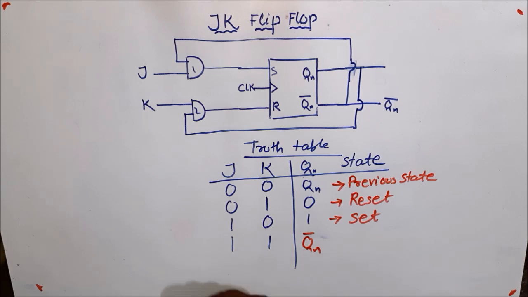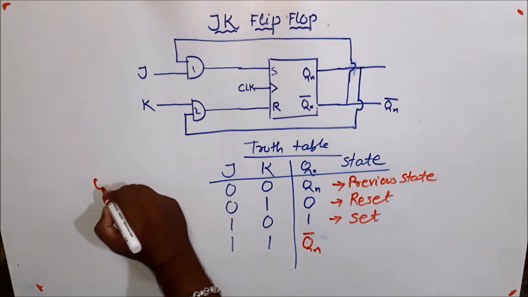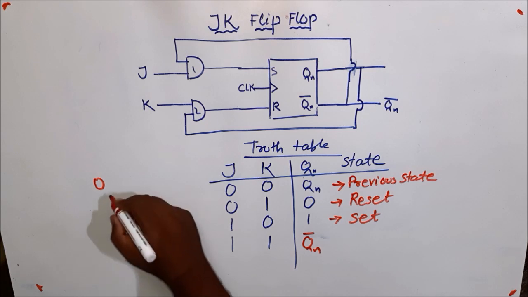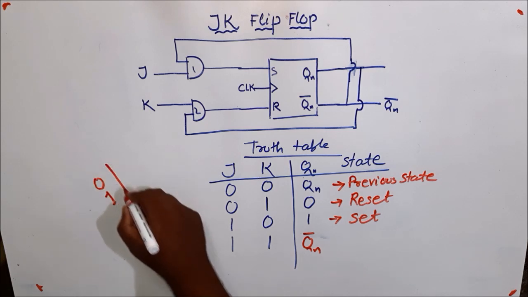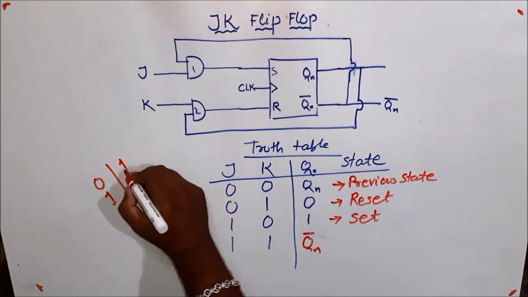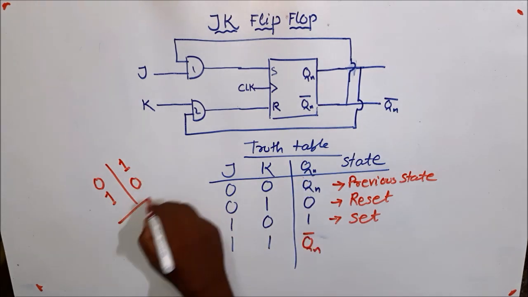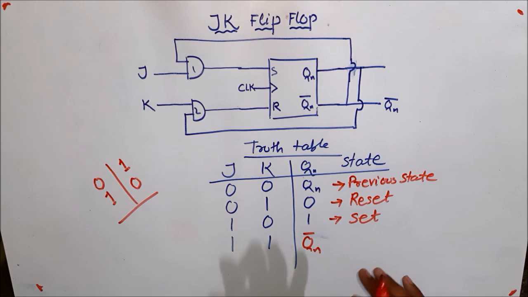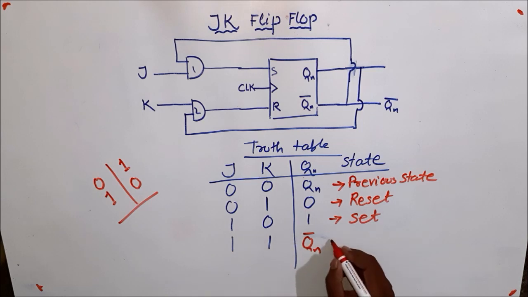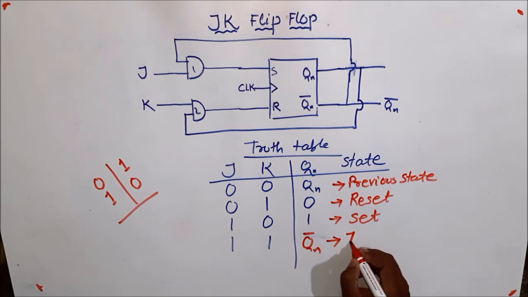For example, the previous state is 0 and the complement of the previous state will be 1, or the previous state may be 1 and the complement of the previous state is 0. It is clear that whatever the previous state will be, here we'll get the opposite of that, the complement of that. That is why we can name it as toggle.